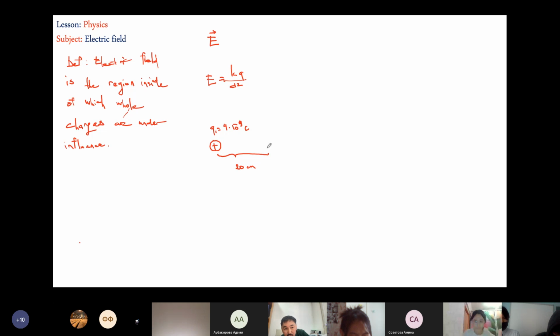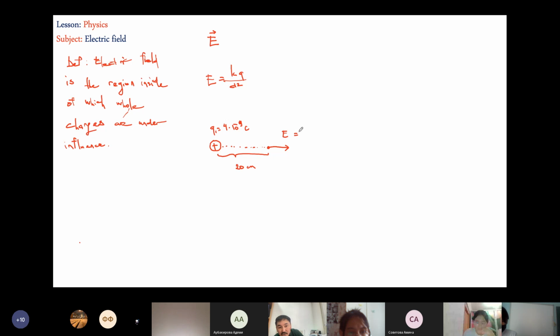First of all, of course, the direction of the electric field will be outgoing, because for positive charges the direction of the electric field is outgoing. I have to draw a dashed line here, and exactly at this point, if I want to find the electric field, I will use this formula.